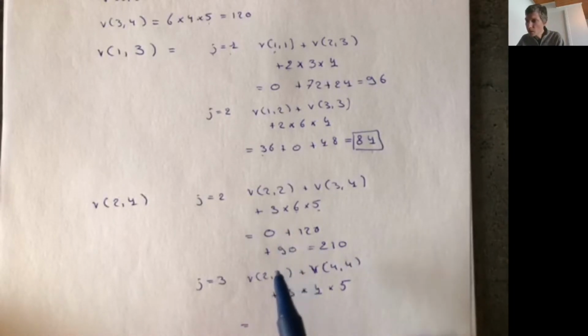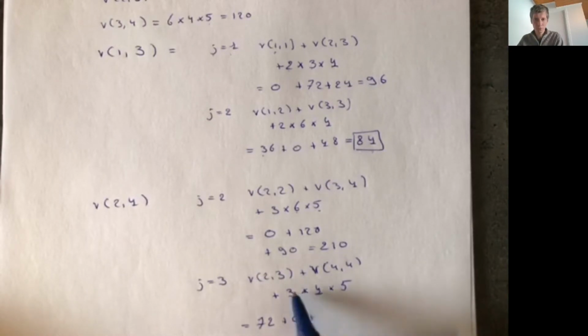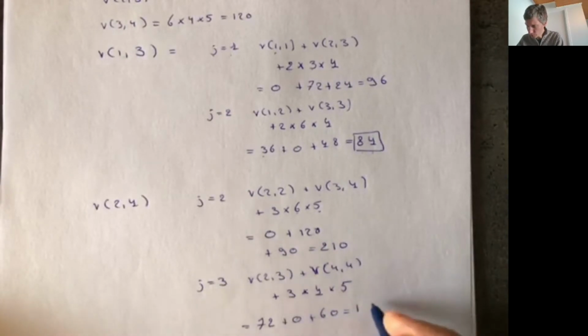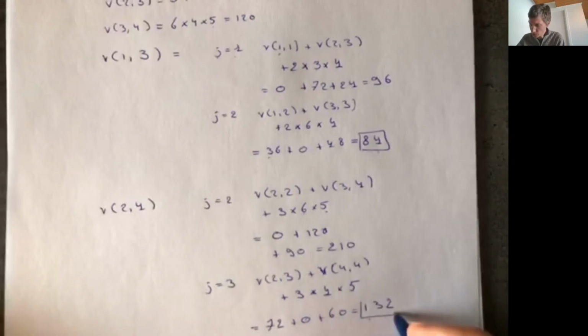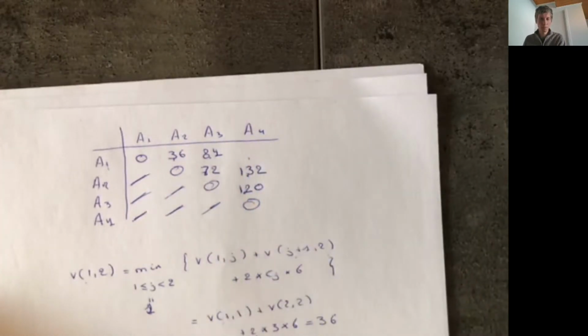V2,3, I look at my table, this is 72 plus 0 plus 4 times 5 is 20 times 3 is 60, so this is going to be 132. So I have to compare 210 and 132, so 132 is smaller, so this is what I'm plugging in here.